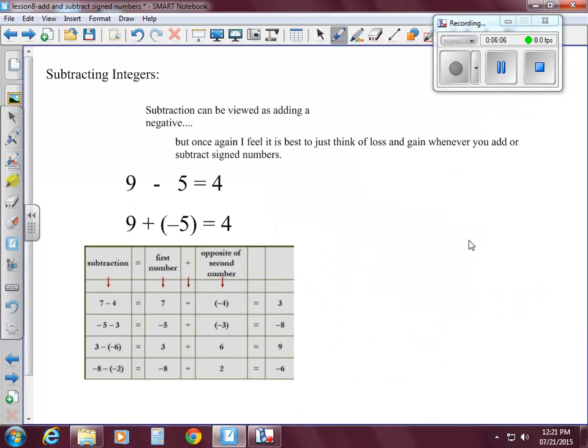Subtracting integers. Adding and subtracting are, as we know now, sort of brother-sister operations. Subtraction is just adding a negative. But once again, I feel it's best to just think about loss and gain whenever you're adding and subtracting signed numbers. When you say 9 minus 5 is 4, well, if you have $9 and you lose 5, of course you're going to have 4 left, right?